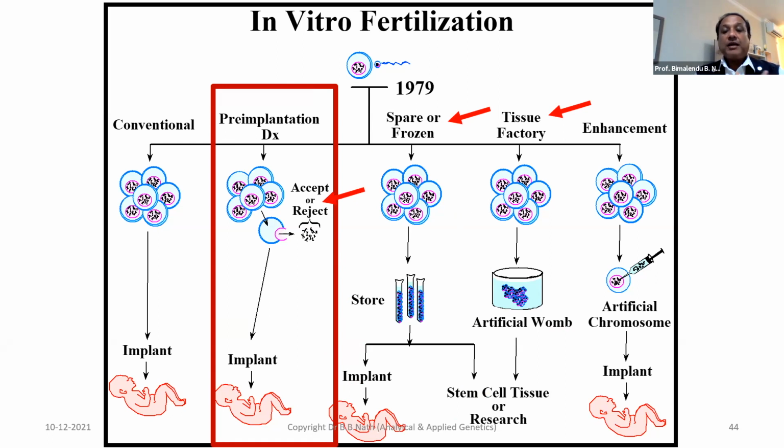Since it is the individual's own tissue when implanted to their own body, there will be fewer immunological hazards. And the artificial womb and artificial chromosome sound like fiction now, but in the future, you may not know that such things can happen.